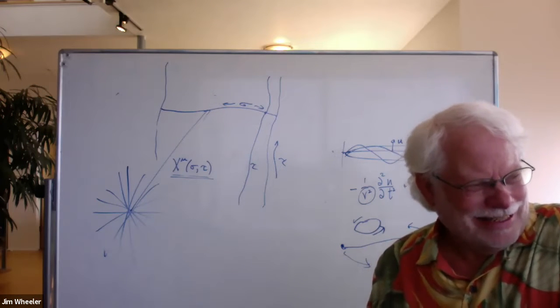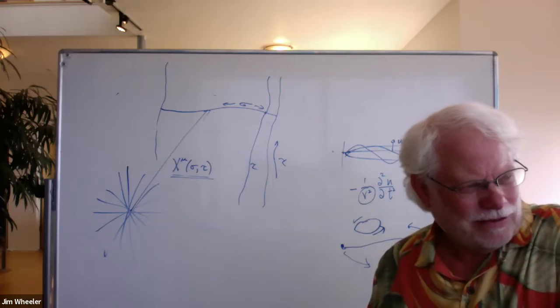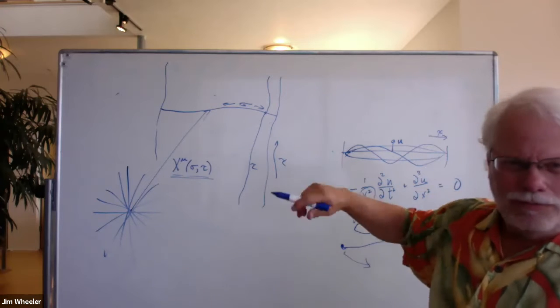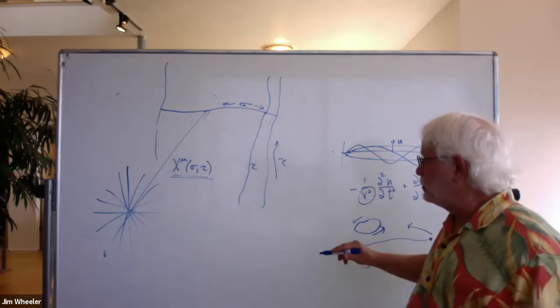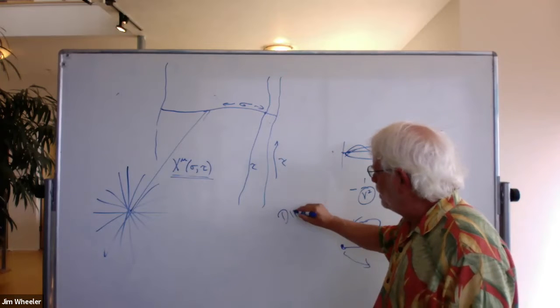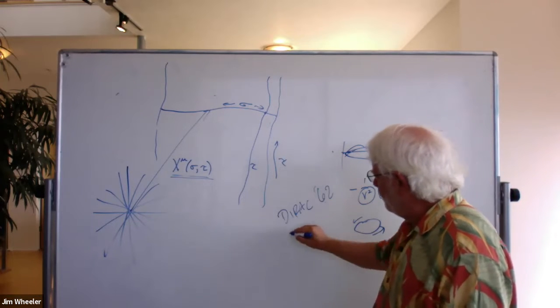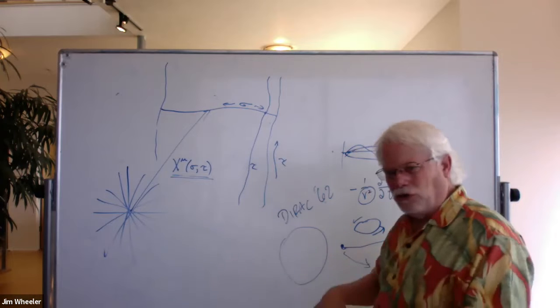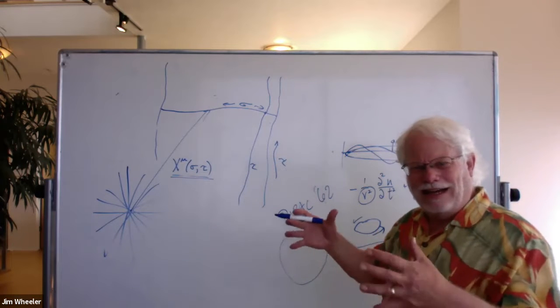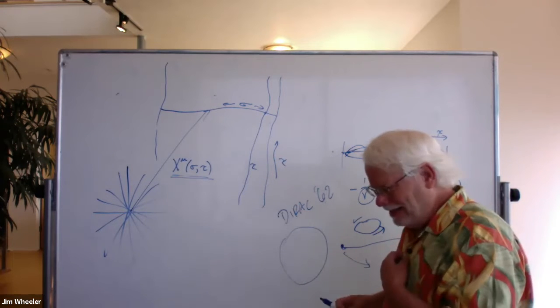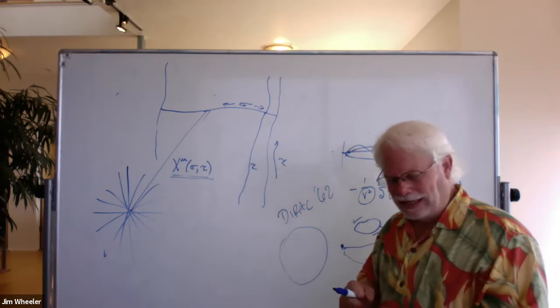The first use people have found of a two-dimensional membrane like this in fundamental physics was actually due to Dirac in 1962. He envisioned a spherical membrane oscillating, and wanted to identify that with the electron.